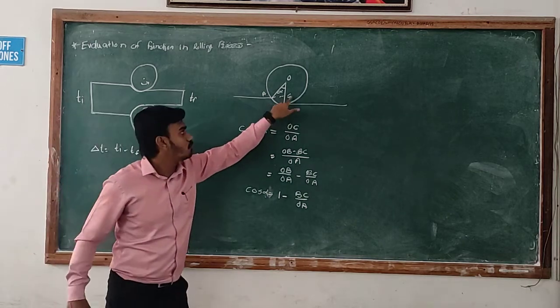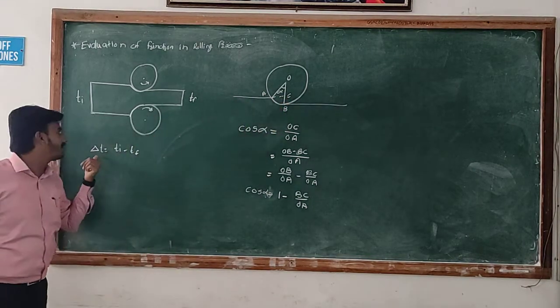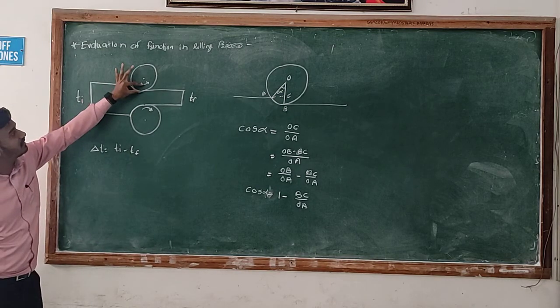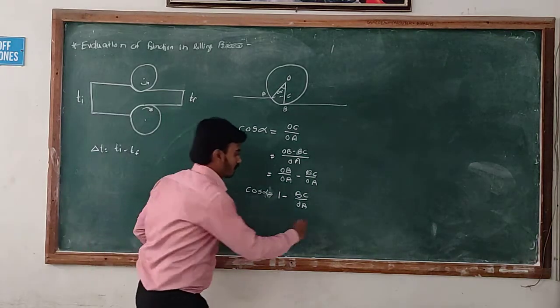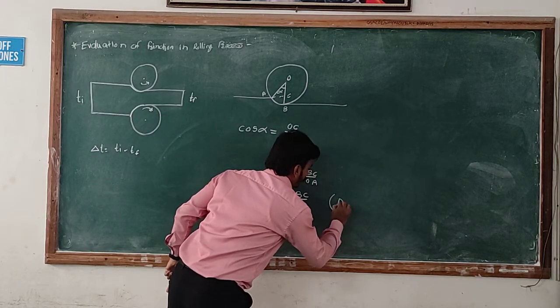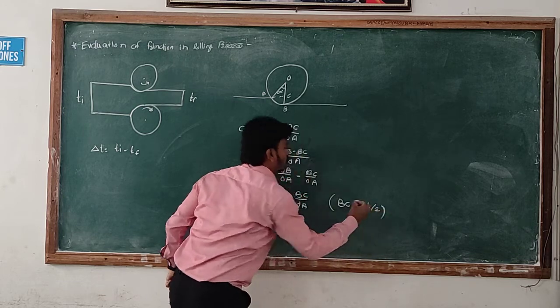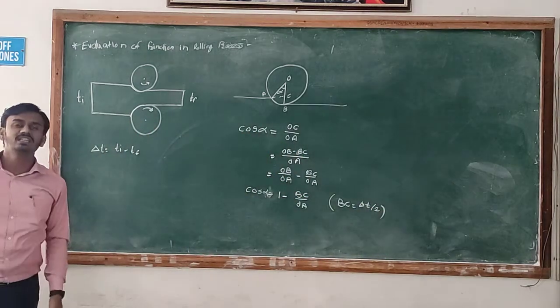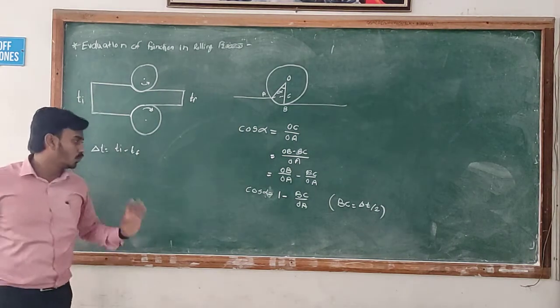So we can write BC is equal to delta t by 2.